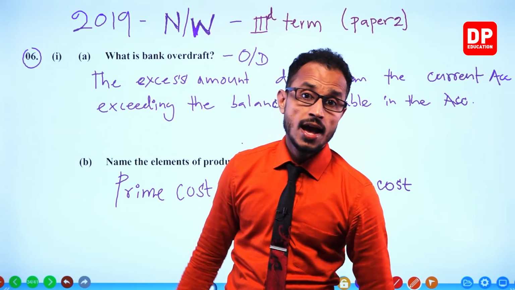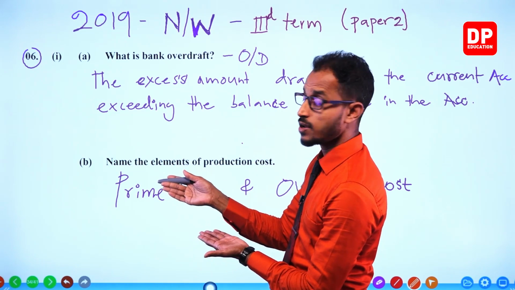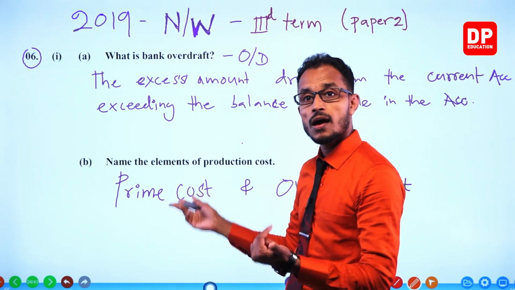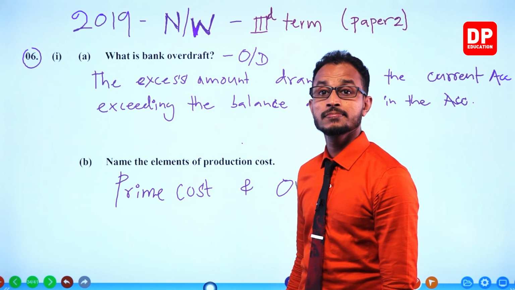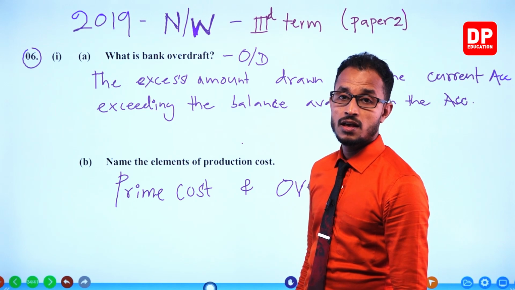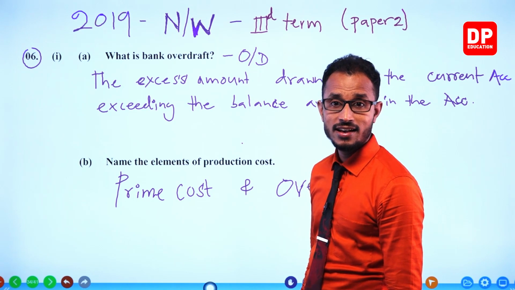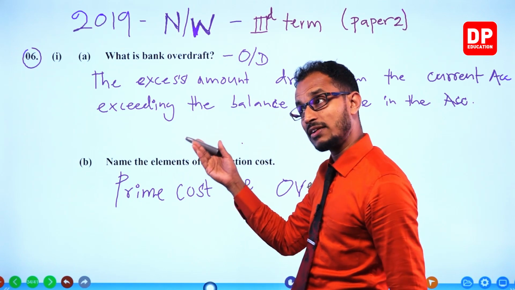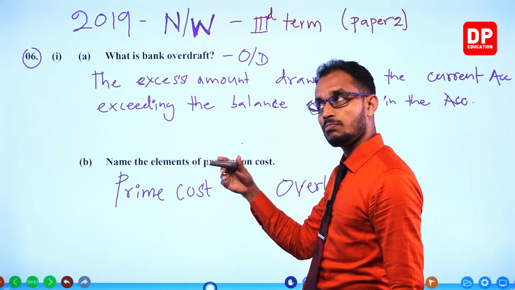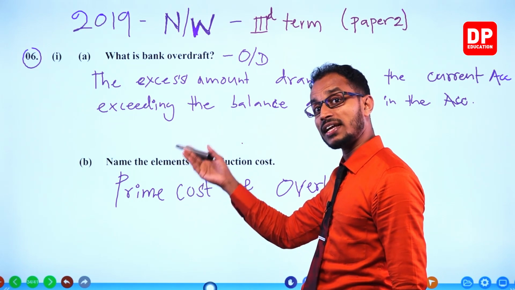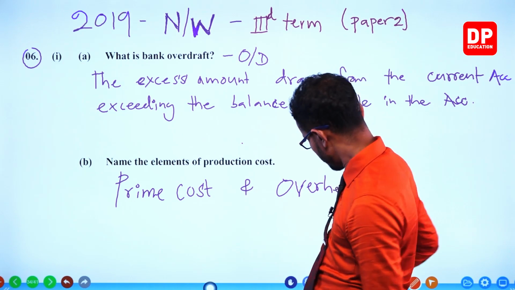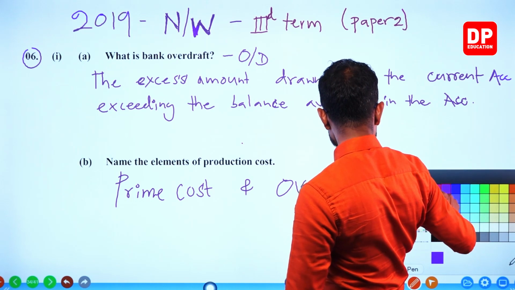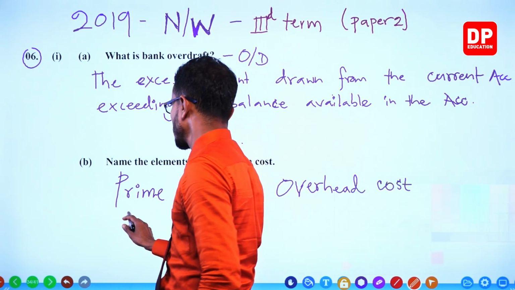Okay. Under prime cost, all the direct costs are lined up. What are the direct costs? Just like I tried to write direct costs before I wrote prime cost, now you can write direct costs under prime cost.